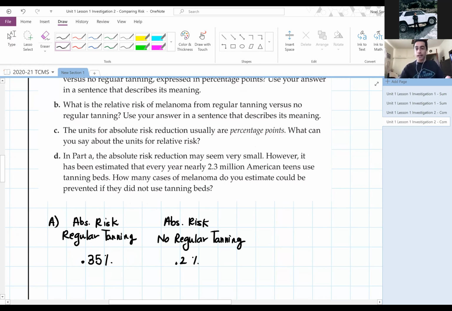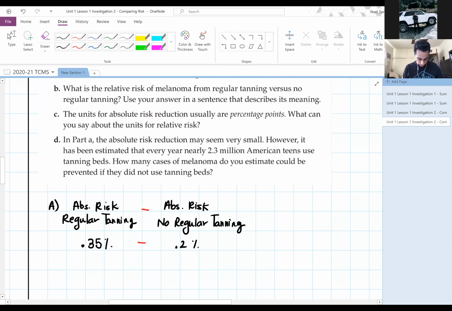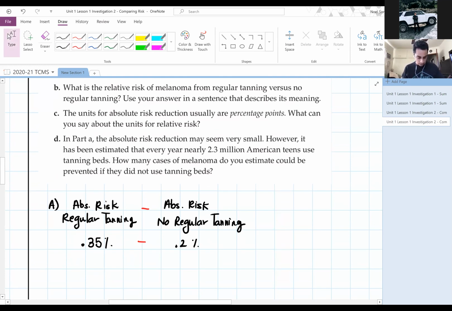So then to find the absolute risk reduction, we would just subtract these two, right? So we take 0.35 minus 0.2, and that should tell us what we're looking for, right?